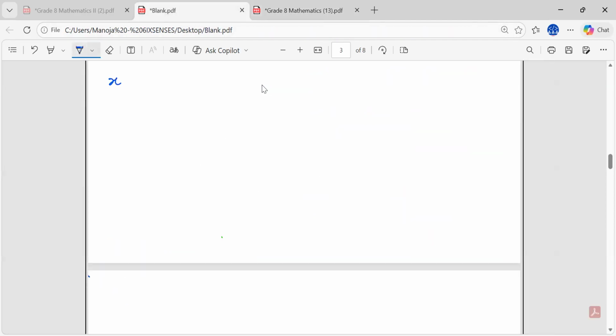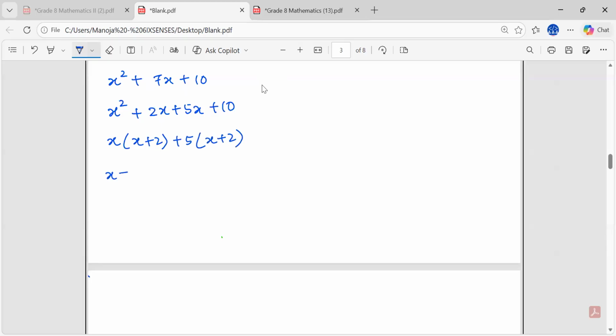First you take x squared plus 7x plus 10. Okay. Then I write x squared plus 2x plus 5x plus 10. Then I can write x into x plus 2 and plus 5 into x plus 2. Then next step I can write x plus 2 and x plus 5, and they have given this equation, this one is equal to 0.